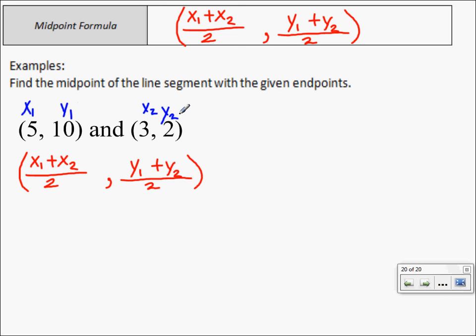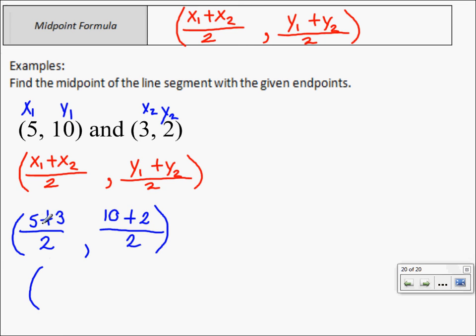Now we just have a simple plug-in. So open parentheses, x1 is 5 plus x2 is 3 divided by 2, comma, y1 is 10 plus y2 is 2 divided by 2, close parentheses.